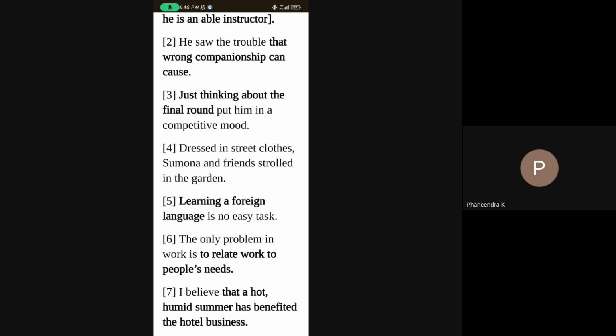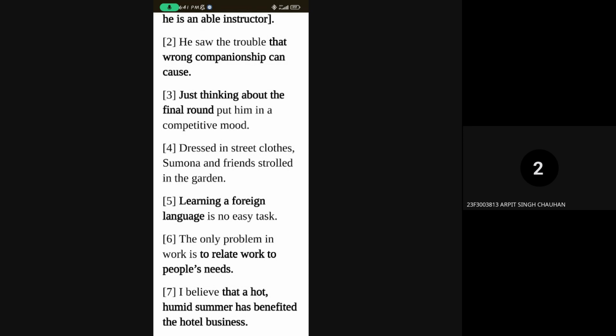You are right in some sense, but the reason you gave is not right. Ma'am, it describes the verb stroll. Correct. It describes how, right? It tells you how. Dressed in street clothes, Simona and friends strolled in the garden. So, in other words, it tells you the manner, right? So when we are talking about manner, then definitely it has to be adverbial.